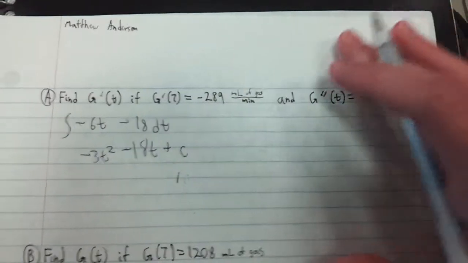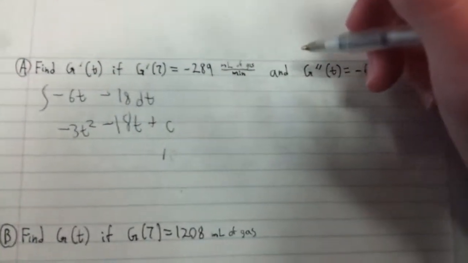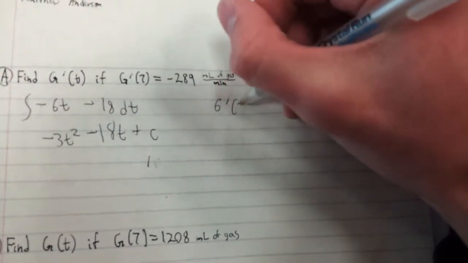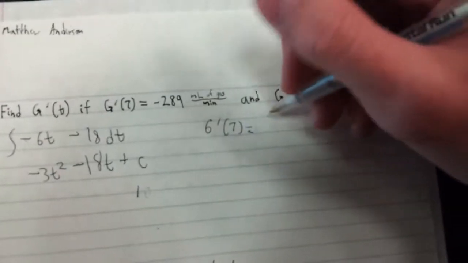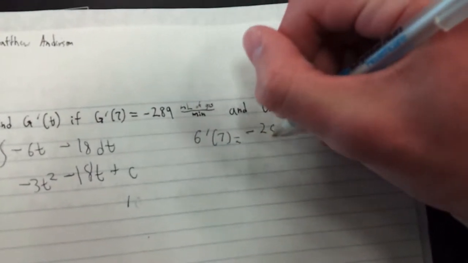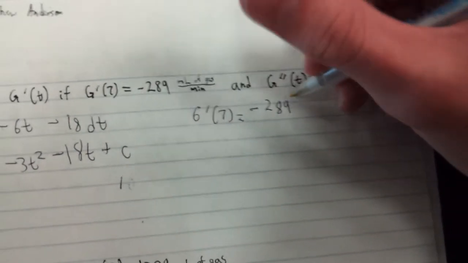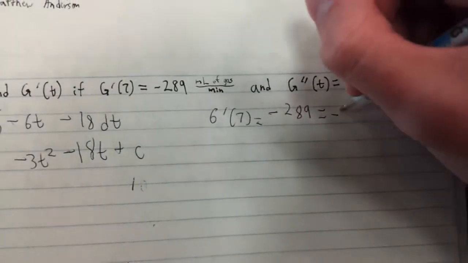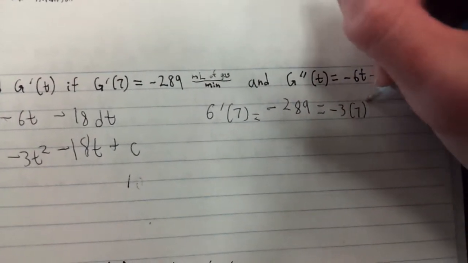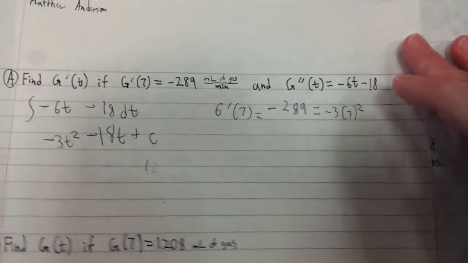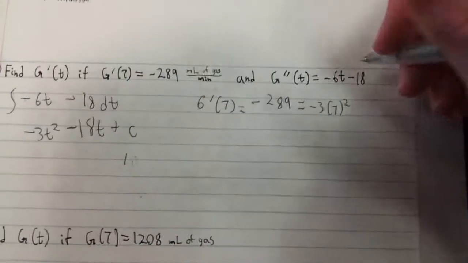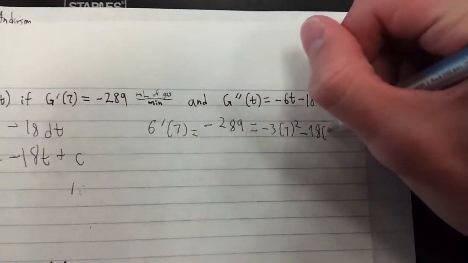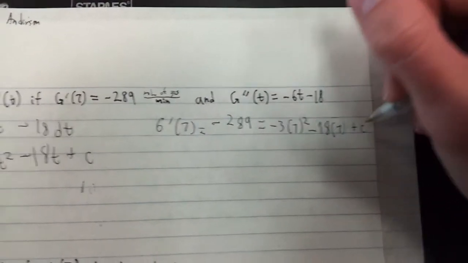Now we need to plug in the initial condition to find out what that c value is. So g prime of 7 is equal to negative 289, which is equal to the equation that I just found, negative 3 times 7 squared, plugging in the 7s for where the t's would be, minus 18 times 7 plus c.